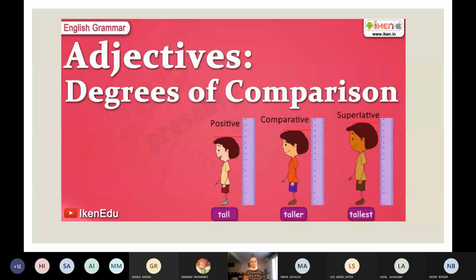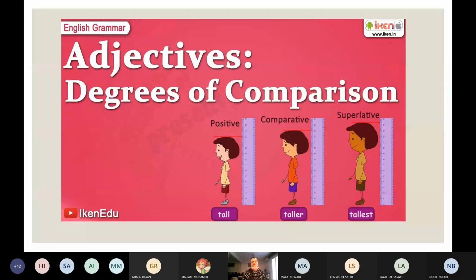This is positive. I'm just declaring, telling. And then I have comparative. Comparative is when I compare Jane with her sister. Okay? So when they are two, it is comparative.